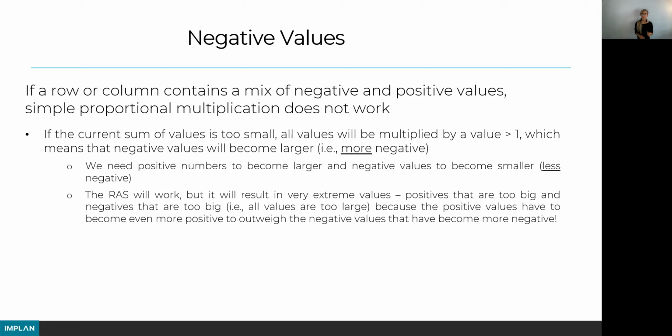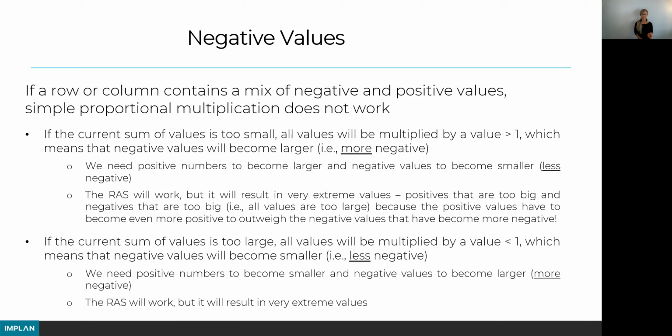So the RAS will work, but you're not going to get good estimates. You're going to get very extreme values, positives that are too big and negatives that are too big. In other words, all values are too large because the positive values have to become even more positive to outweigh the negative values that have become more negative, because you're multiplying everything by a value that's greater than 1. So everything's becoming bigger.